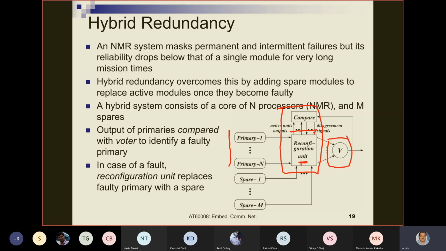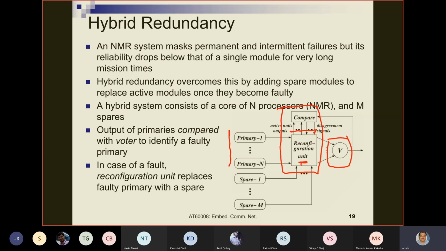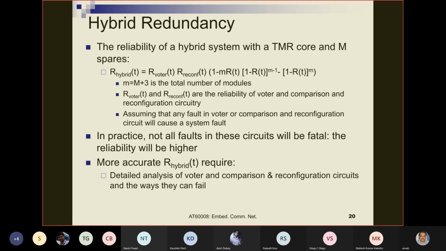In a triple modular redundant system with M spares, any idea?